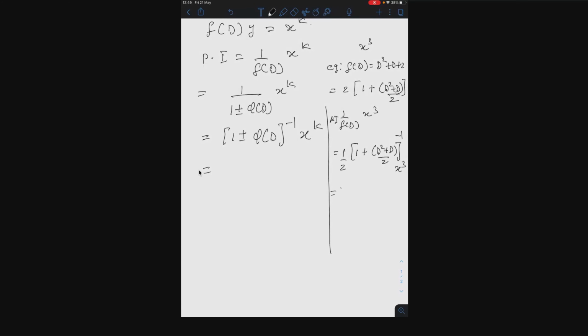Now let us expand it. Hope you know the expansion of 1 plus x whole to the power minus 1. What is the expansion?